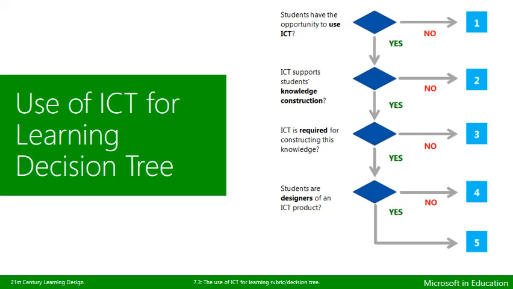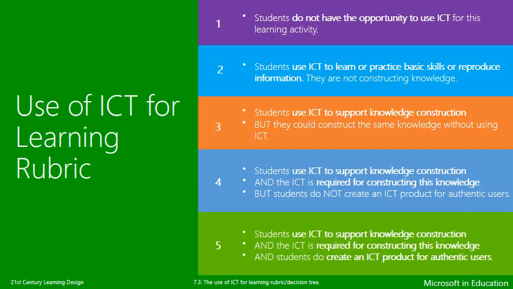As with the other 21 CLD dimensions, you need to bear in mind, as you look at the decision tree, that the numbering system is a code, not a score. For example, a code 2 merely indicates that students are using ICT to learn or practice basic skills or reproduce information. This decision tree can also be represented as a rubric.